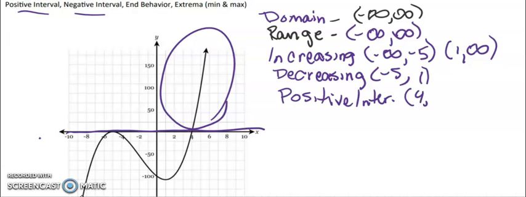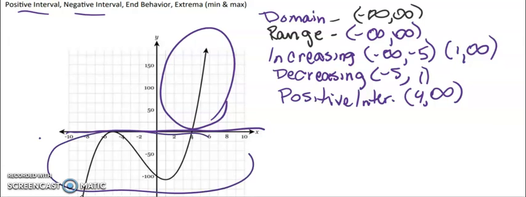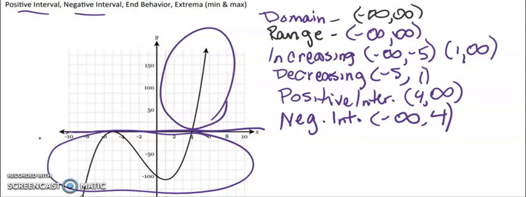Along there, the y values are positive. Now down here, all of these are negative. So the negative interval is going to be from negative infinity until we get to 4. And then it will change.